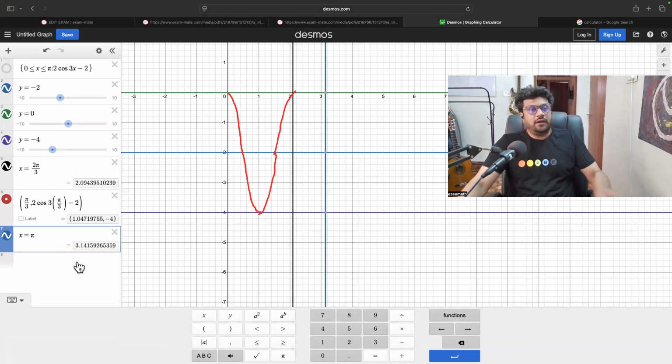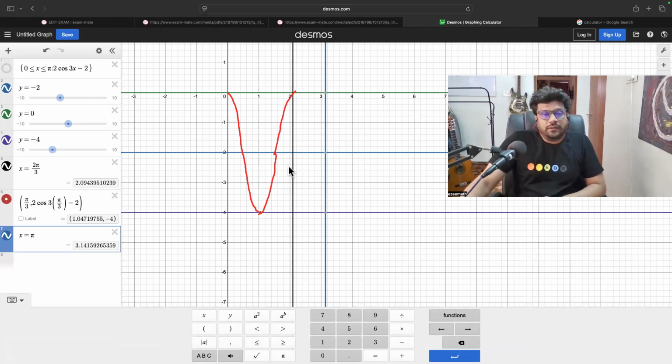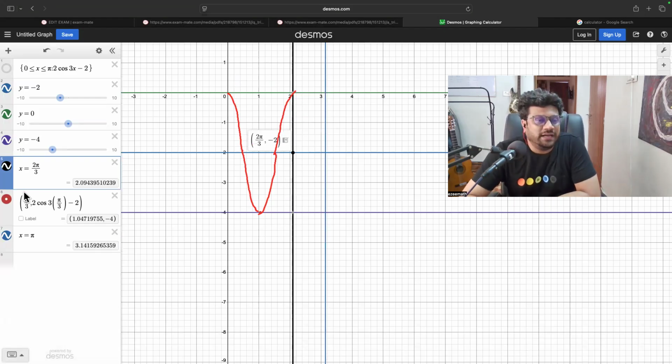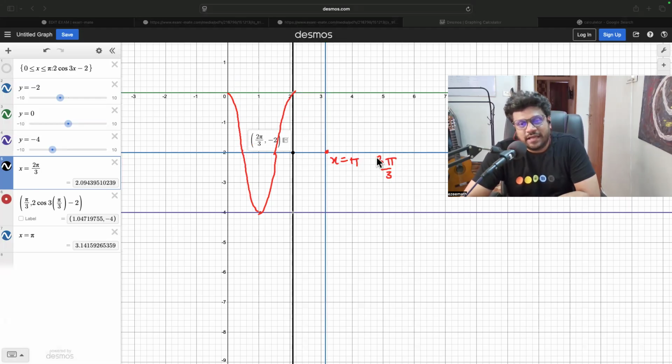That's 2 pi by 3. How much more can I accommodate? Let's see. This is our x equal to pi, which is actually 3 pi by 3. So what I'm seeing is one extra pi by 3 to get to our pi. Well, I can go from 0 to pi by 3.